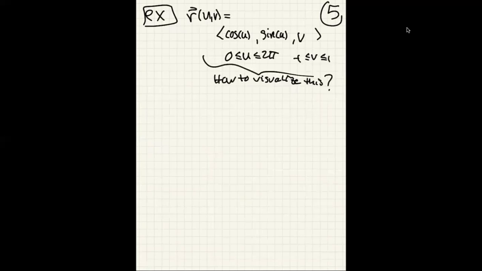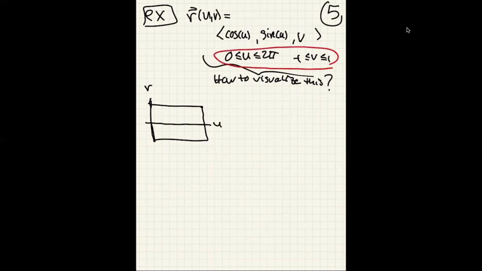Over here, I have this chunk of UV plane. This is my V, and this is my U. Think of it as like an XY plane. My U is going between 0 and 2 pi, and my V is going from -1 to +1.